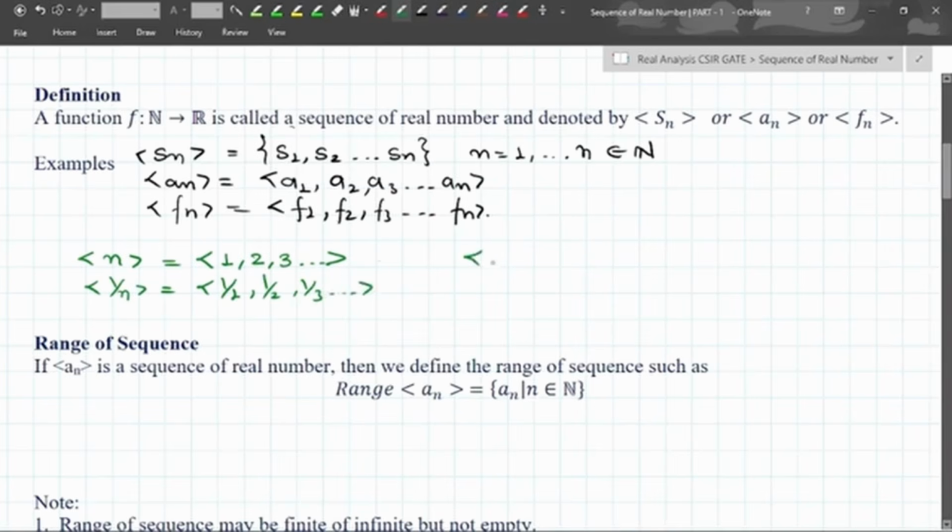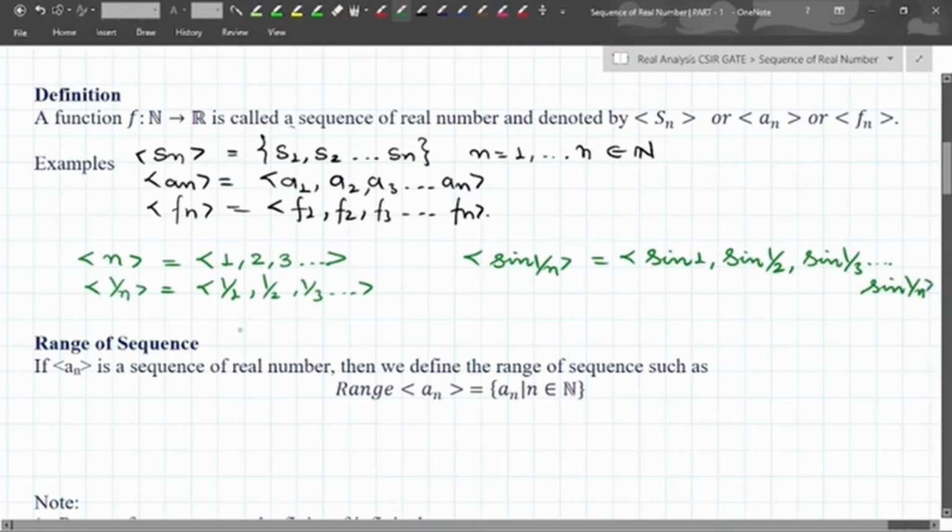For example, I can write sine 1 by n. This is also a sequence. How is it a sequence? It is sine of 1, then sine 1 by 2, then sine 1 by 3, up to sine 1 by n. I can take one more example: minus 1 power n upon n.